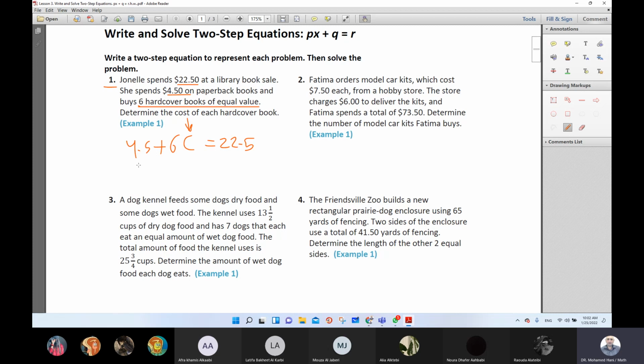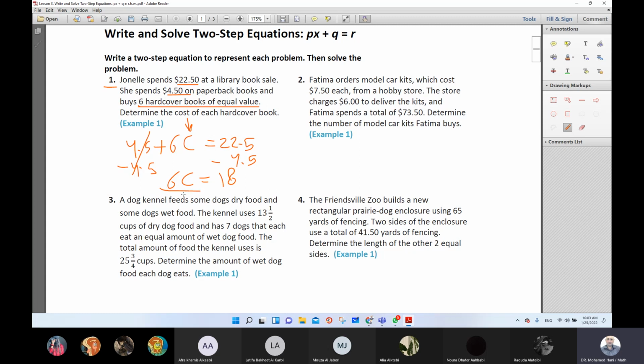Okay. So you can remove 4.5 from here, subtracting 4.5 from both sides. So 4.5 minus 4.5 will be 0. So we have here 6C equal 22.5 minus 4.5, which is 18.